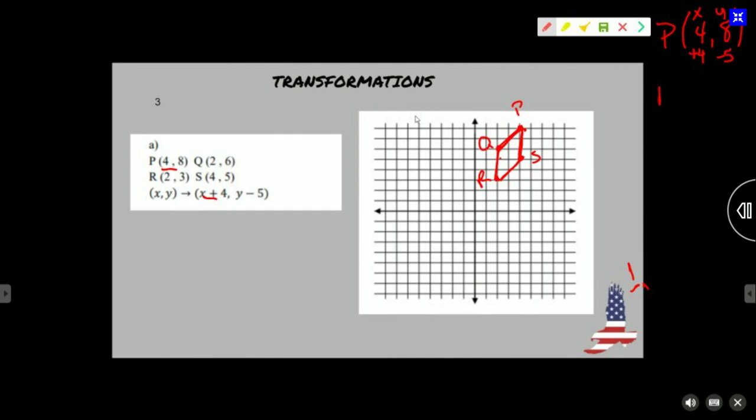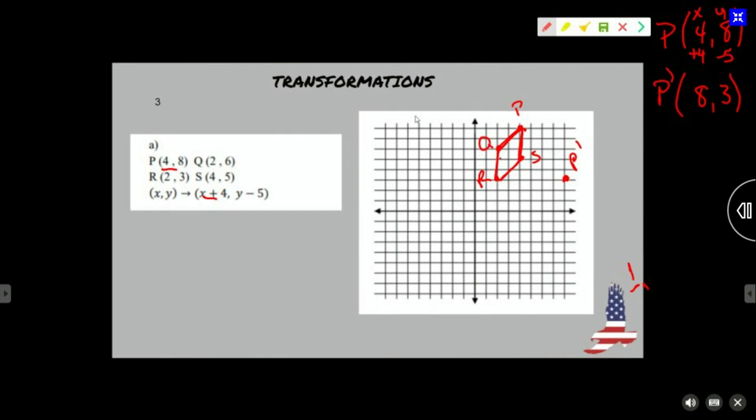So my P prime: 4 plus 4 gives me an 8, and 8 minus 5 gives 3. So P prime is going to be right 8, 1, 2, 3, 4, 5, 6, 7, 8, and up 3. There is P prime. Yes?